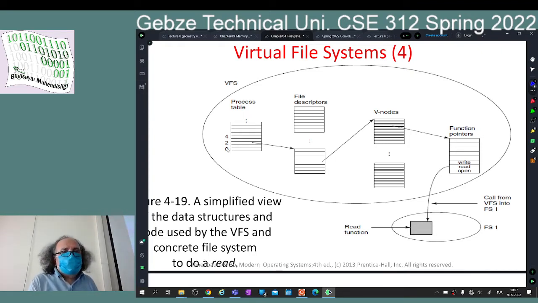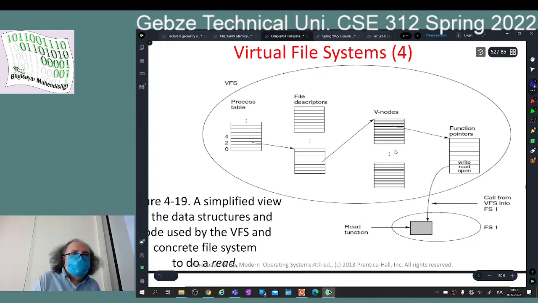With your process table, you keep a pointer to your open files, the file descriptor tables, and inside these file descriptor tables, you have a pointer to your vnodes. Vnodes are kind of inodes, but these are virtual nodes. Inside these virtual nodes, you have function pointers for opening files, reading files, writing files, and how many operations you have for the disks. You have all those pointers.